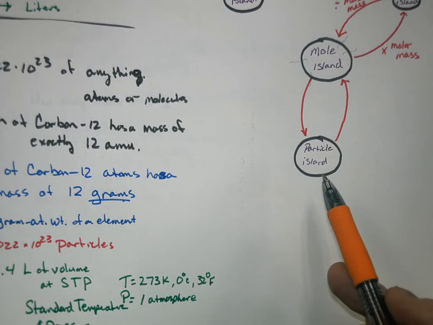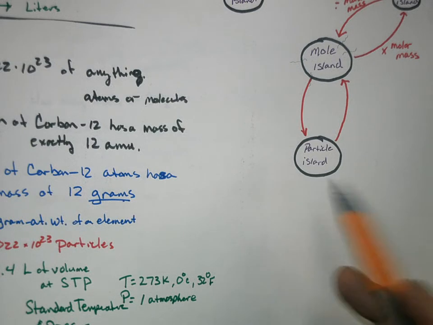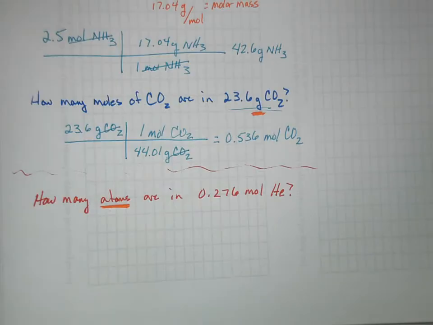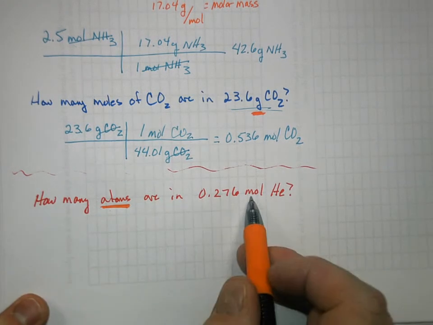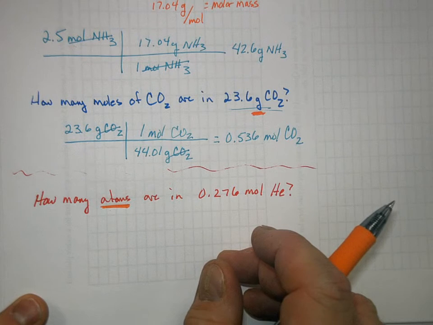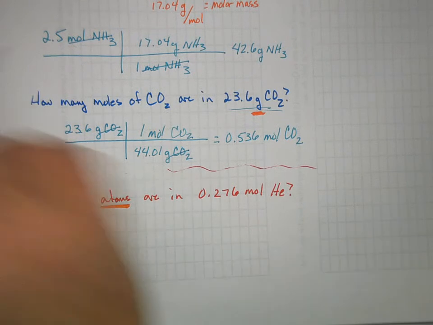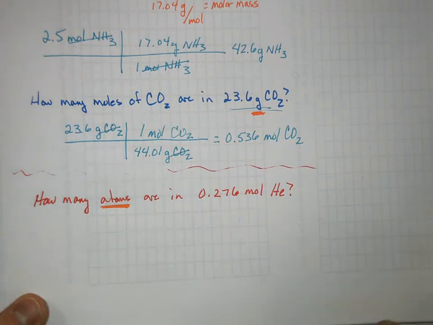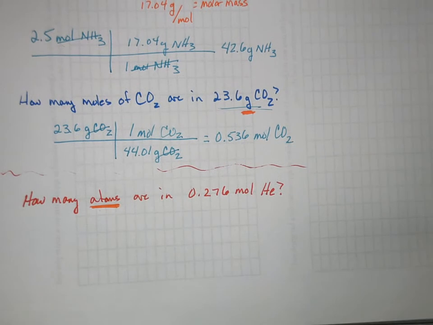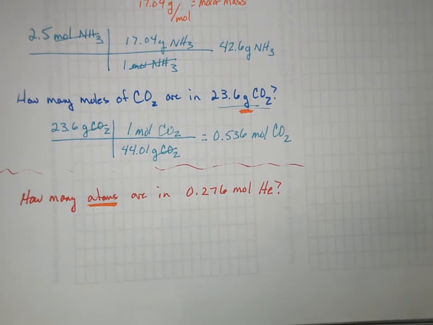Because atoms are particles. Yeah? Okay. Well, from our conversion factors, how many particles are in a mole? Look at your earlier notes. Your notes from just 20 minutes ago say they're at 6.02 times 10 to the 23rd.